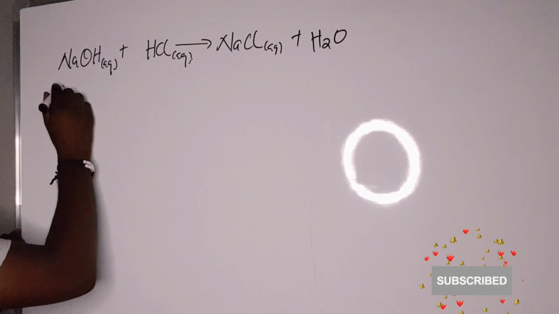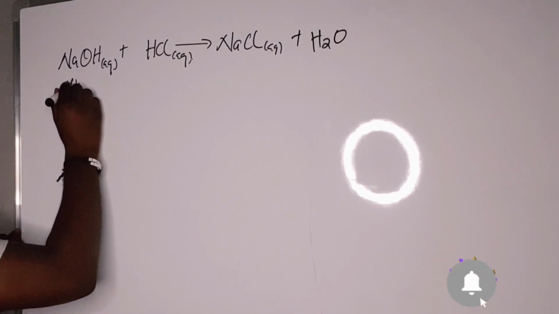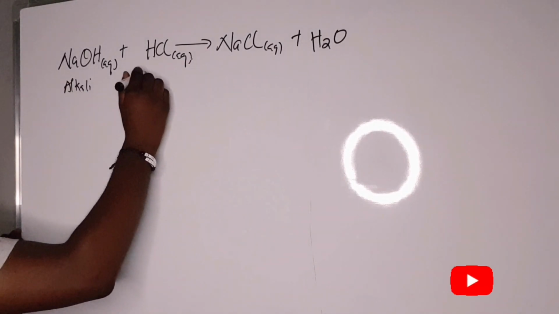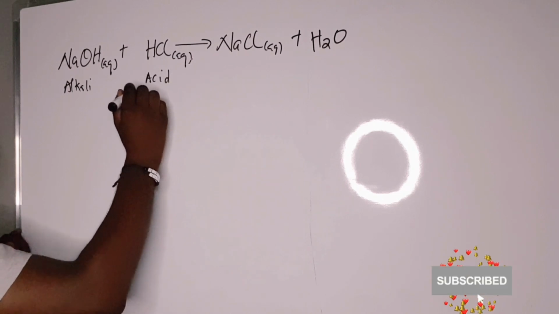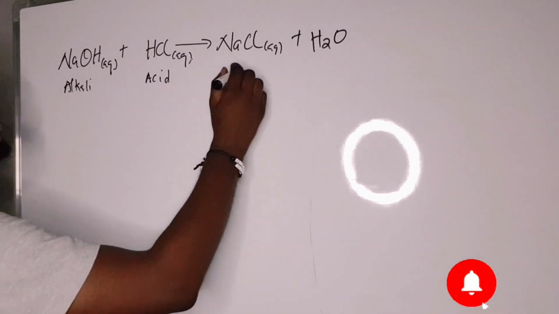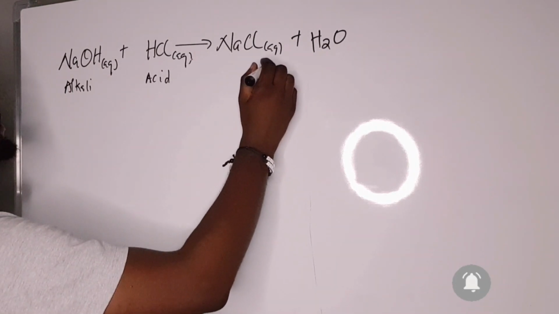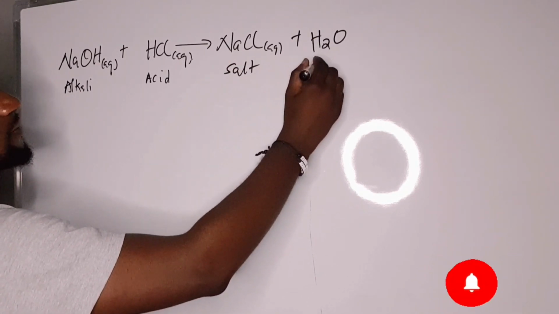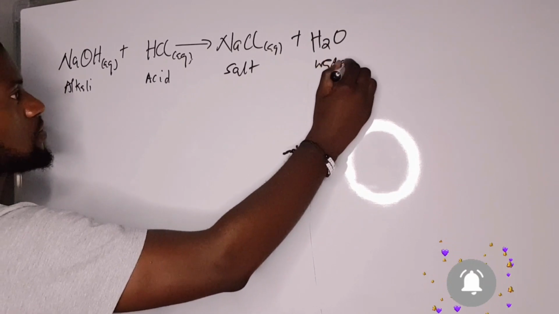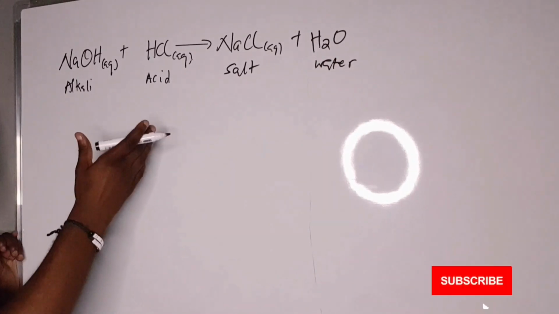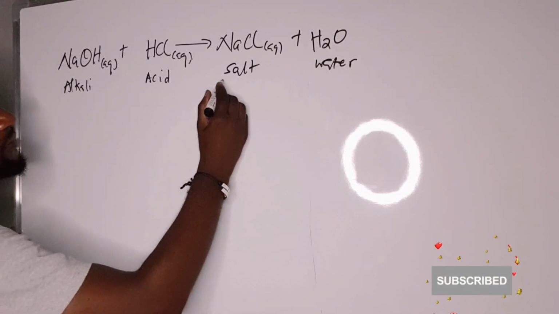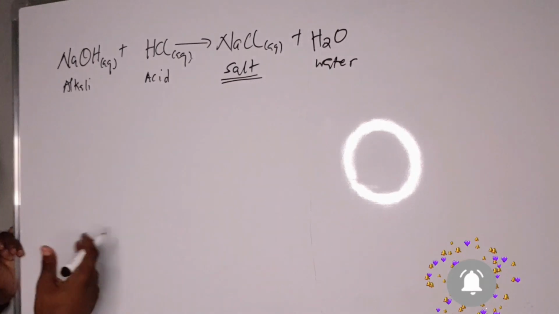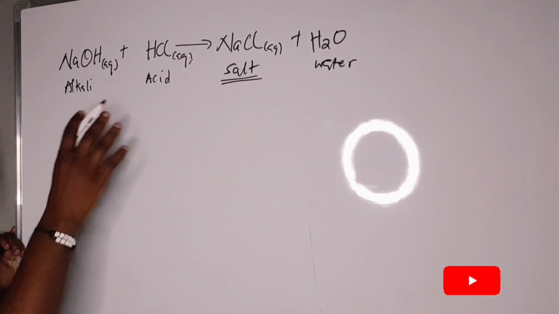So we have an alkali here, we have an acid, then we have a salt, and we have water there. Our main concentration here is on how the salt is formed.